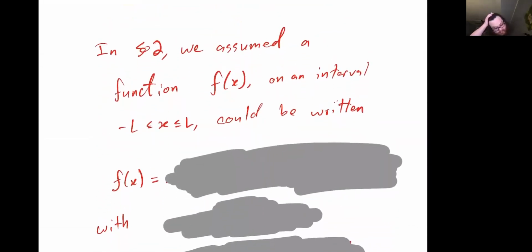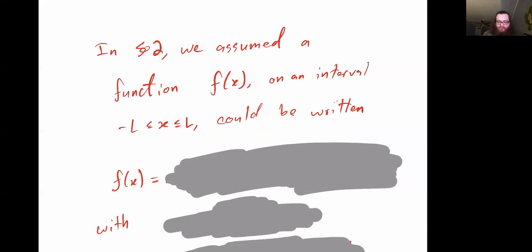Right. So in the last section, we made, you might say, a bold assumption, right? Where for a function f of x on some interval, and usually when the interval had these bounds we were looking at a circular ring or something, but change the bounds, it doesn't really matter.